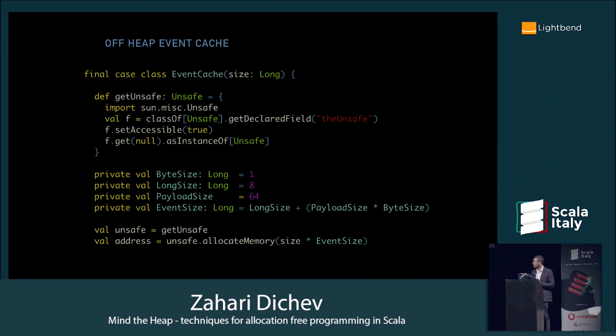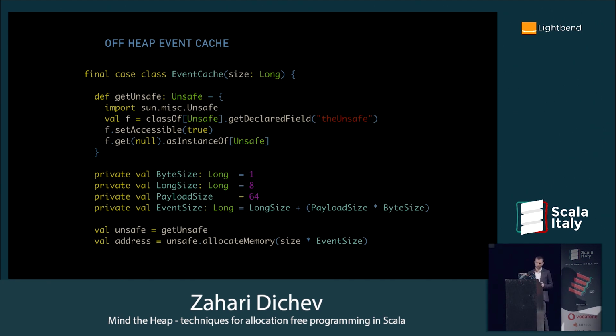We know for a fact that the size of an event is the size of a long plus the size of a byte times the payload size, which is always 64. And what we do is allocate memory that is predefined.